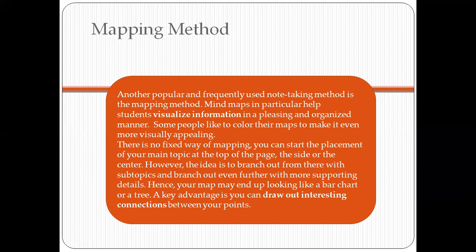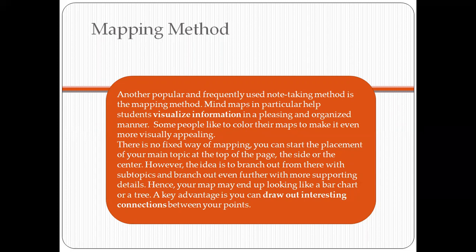Mind maps in particular help students visualize information in a pleasing and organized manner. Some people like to color their maps to make it even more visually appealing. And there is no fixed way of mapping. You can start the placement of your main topic at the top of the page, the side or the center.